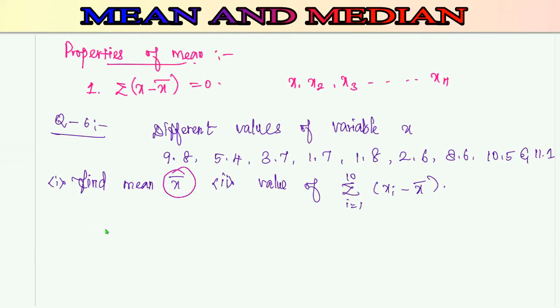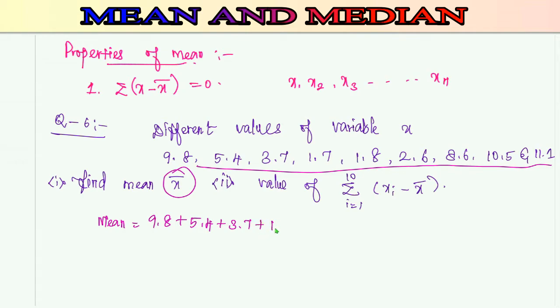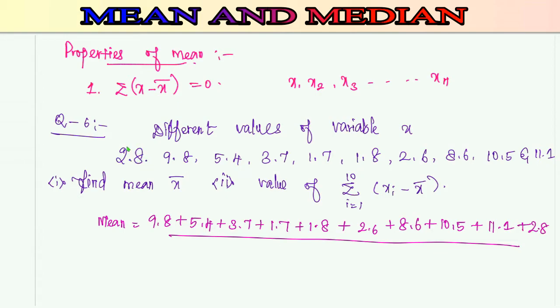First we are going to find the value of x bar. x bar is nothing but the mean value. Mean is equal to, we need to add all these values: 9.8 plus 5.4 plus 3.7 plus 1.7 plus 1.8 plus 2.6 plus 8.6 plus 10.5 plus 11.1 divided by the number of values.